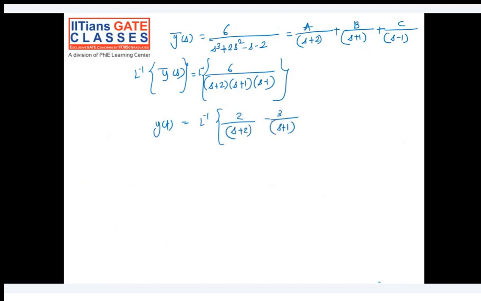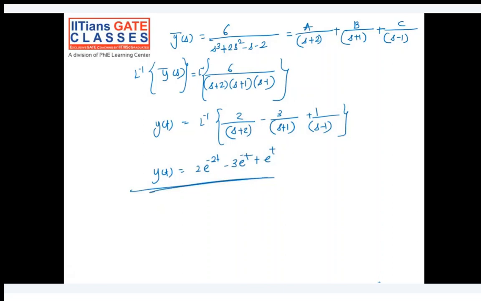C here you will get as 1 divided by s minus 1. Okay, you solve it A, B, C, you will get it like this. And then y of t you can write it as 2 e to the power minus 2t minus 3 e to the power minus t, sorry, plus e to the power t. Okay, this is the final answer.